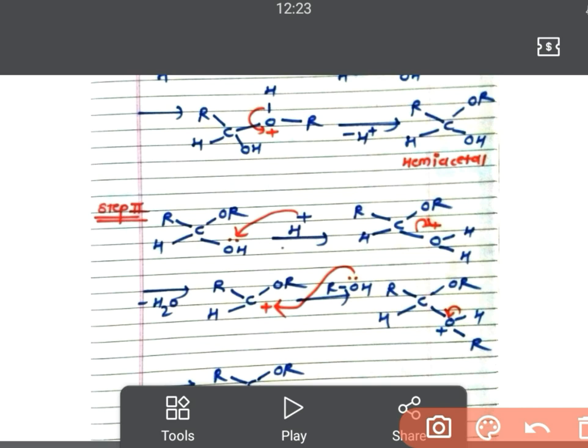So here also oxygen becomes trivalent and it carries a positive charge. To remove this positive charge, we can remove this whole molecule in the form of water, and because of removal of this H2O molecule, carbon becomes trivalent and therefore it carries a positive charge.